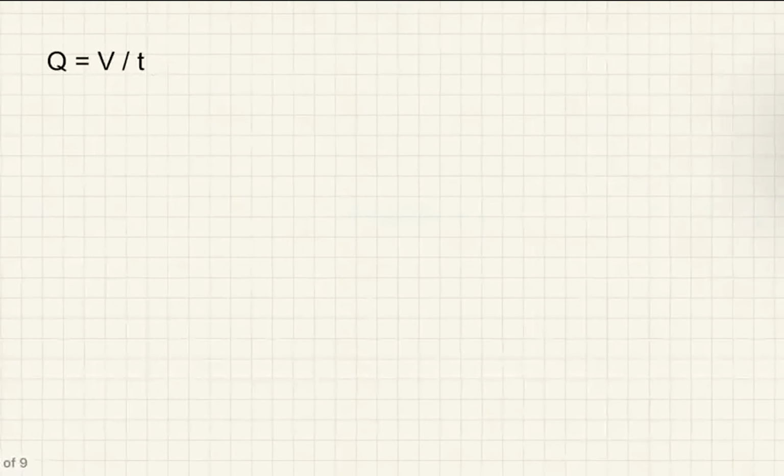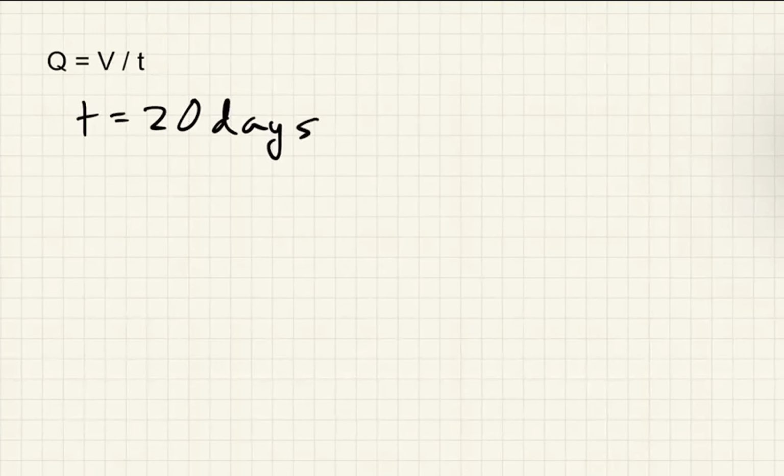So to solve this, we're going to take our flow equation and plug in the numbers that we have. First we need to figure out the time frame. We know that our time is equal to 20 days. We need to convert this into minutes because the problem asks us to report this in gallons per minute. We know that there are 1,440 minutes per day.